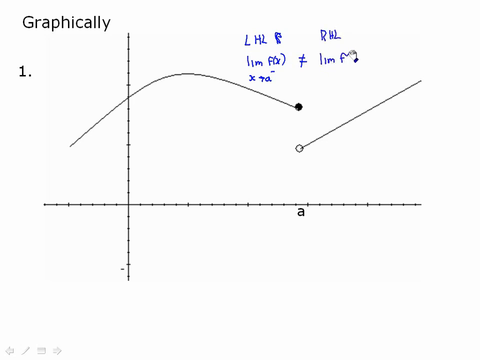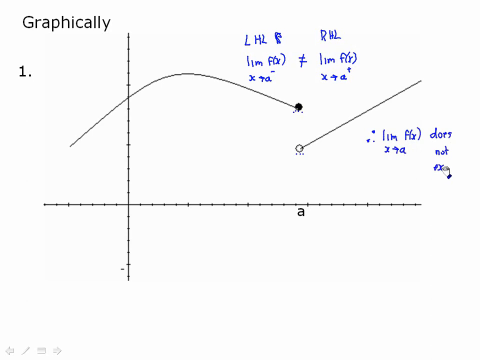We can tell this by inspection. Here's the left-hand limit, here's the right-hand limit. They do not equal. So therefore, the limit of this function f of x as x approaches a does not exist.